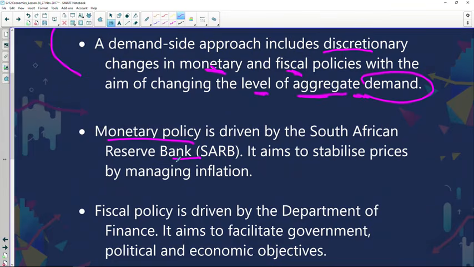So the aim of a monetary policy is to stabilize prices and also to manage the inflation. We know that our country is very good at this, managing the inflation rate. Over the past couple of years, we have done this so well because we have policies in place that ensure that our inflation rate is controlled and it doesn't go above the target that's been set by the South African Reserve Bank.